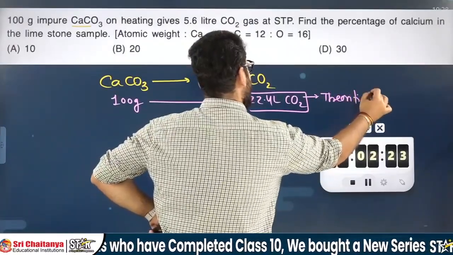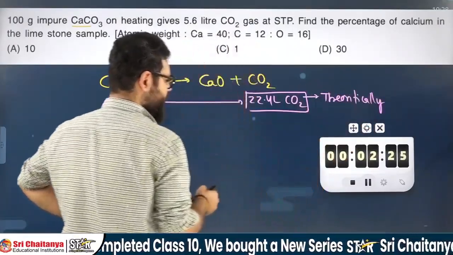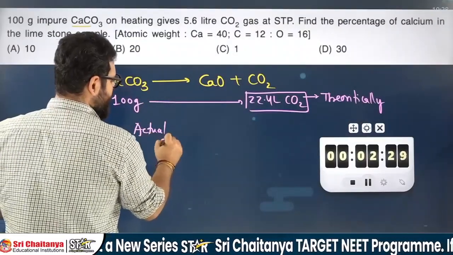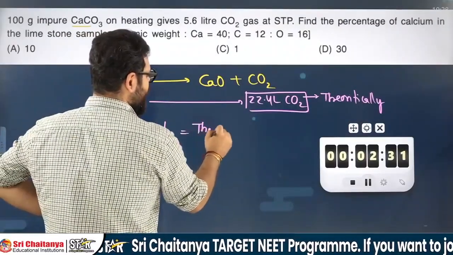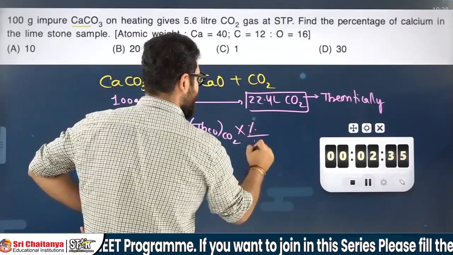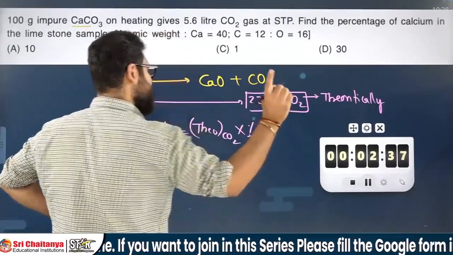So this is the theoretical product. So we know that actual product is theoretical product into percentage by 100.